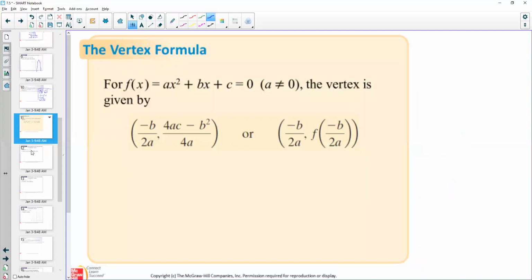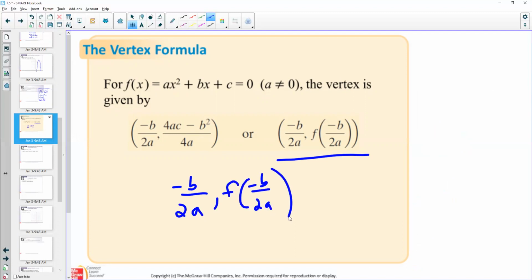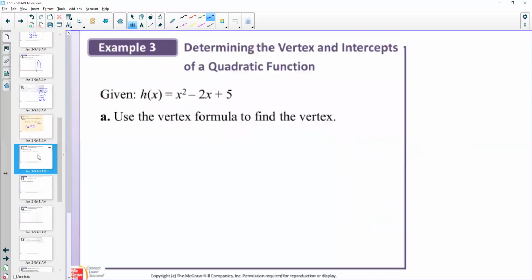When that is the case, we can find negative b over 2a for a given equation, and then find the function value at whatever that number is. That is the vertex. I will show you what I mean.